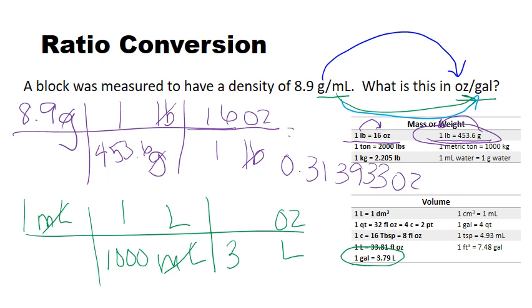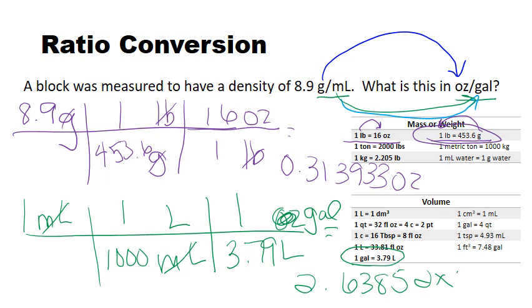Gosh, I keep doing that because ounces is also an English system unit for volume too. So this is why it's so confusing and why the English system is awful. So anyway, we have 3.79 liters and I need to go to 1 gallon. So putting this into my calculator, I get the answer of 2.63852 times 10 to the negative fourth, and that unit will be gallons, right?